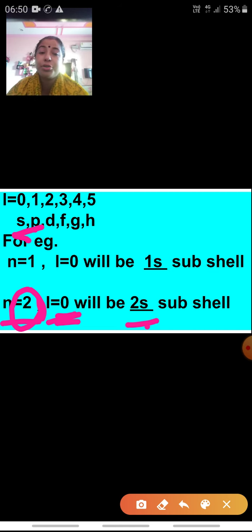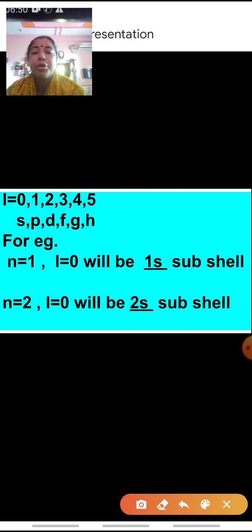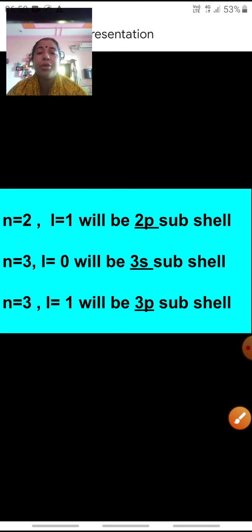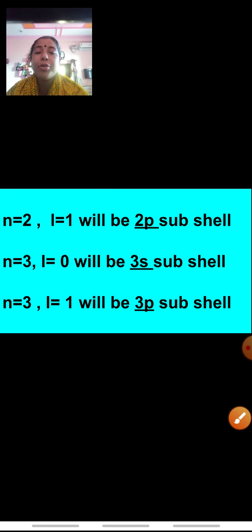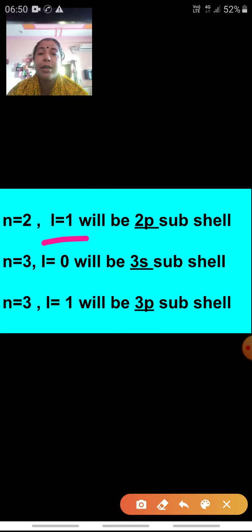So it will be 2s. Now, if the value of n is 2, then the value of l will not only be 0. Along with the 0, it will be equal to 1 also. If n is 2, l will be equal to 0 and 1. For 1, it will be 2p subshell.